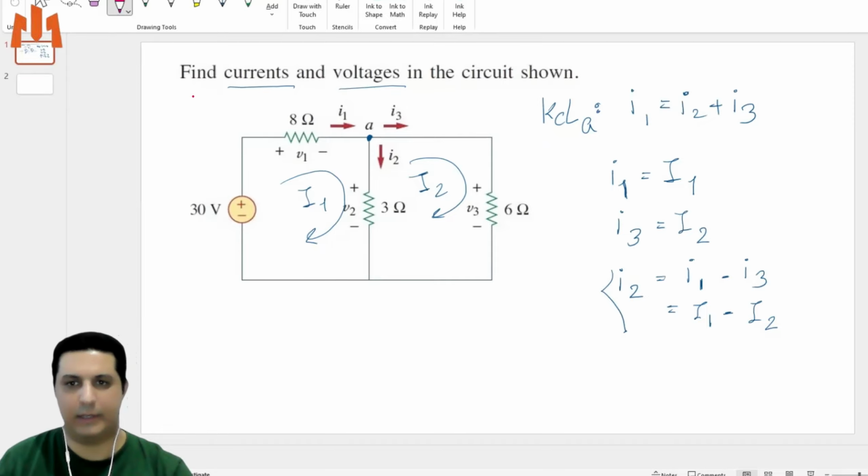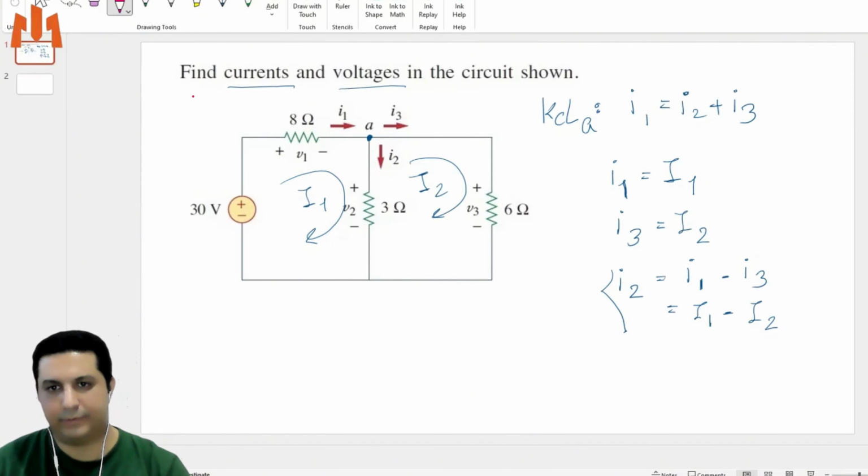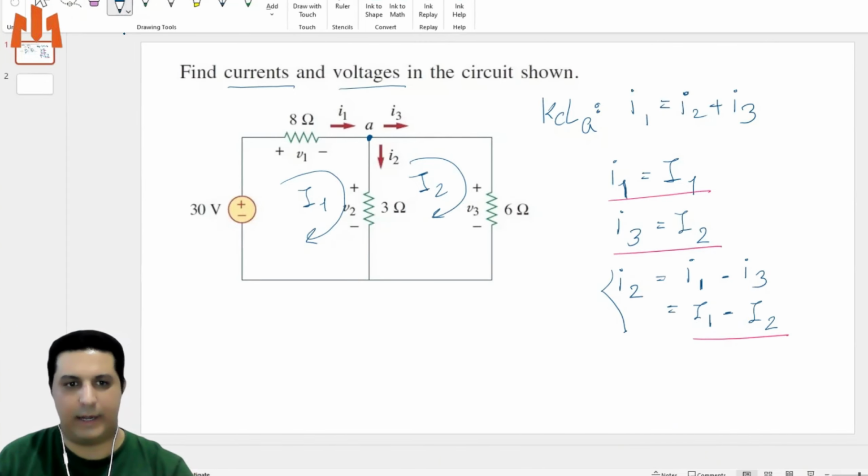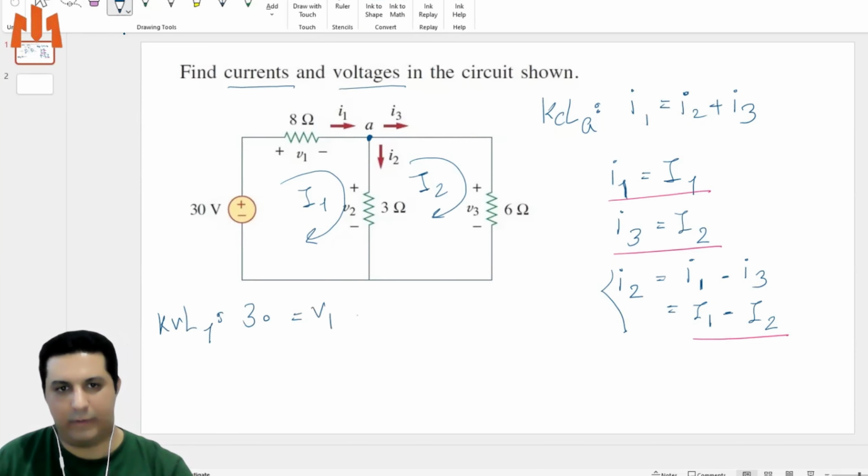Yes, this one and this one. So let's go and write KVL 1: 3 volt equals V1 plus V2.